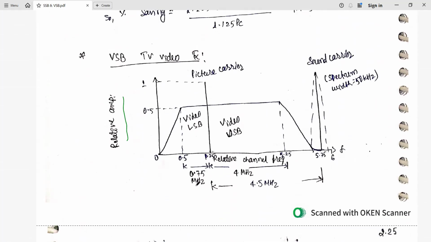Here we have the video LSB and here the video USB, with frequencies 0.5, 1.25, 5.25 and 5.75. This diagram is not very important from the examination point of view, but if you try to understand the television set, you can see how it occurs. The video section is separate and the audio section is separate. Here we have the sound carrier, whose spectrum is about 50 kilohertz wide, and this part is the video, the picture carrier.